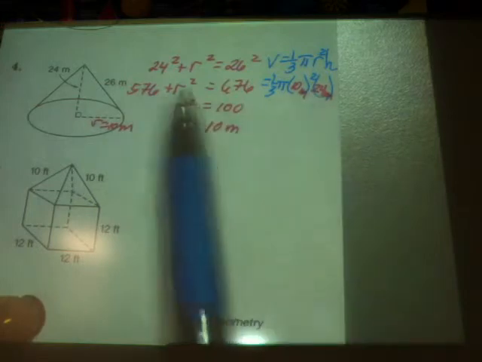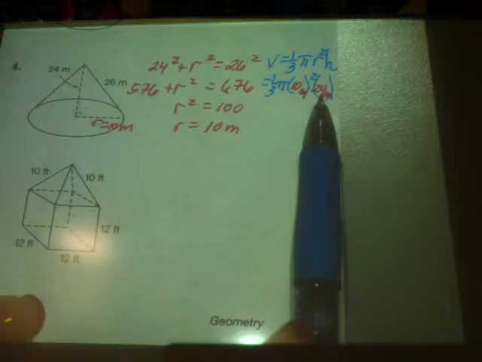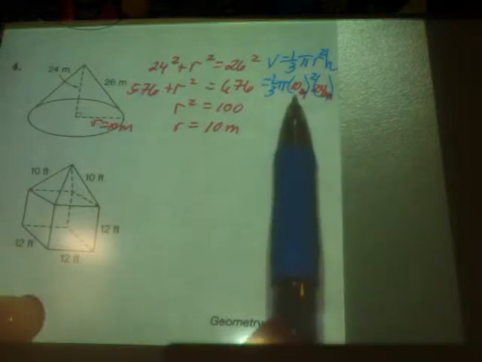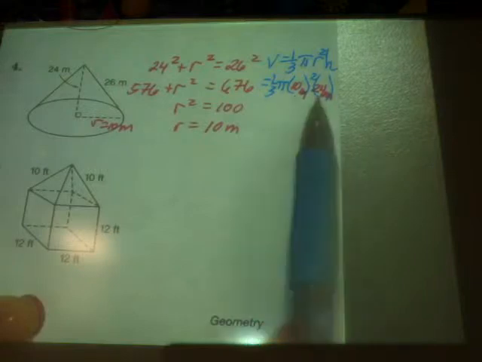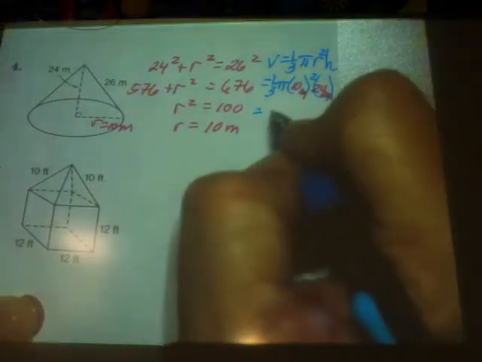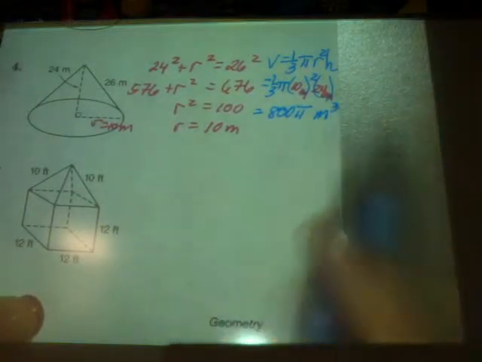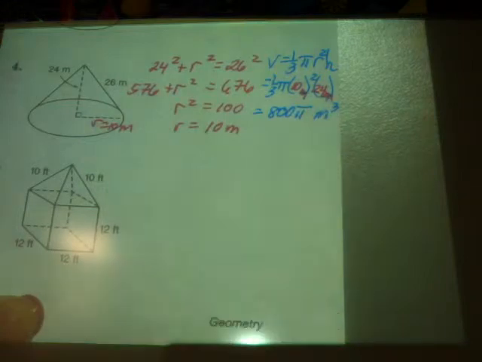Now if you weren't using a calculator, I would take 3 and divide it into 24, and I would get 8. And 10 squared is 100, right? Times 8 would be 800. So your exact volume would be 800 pi, and then it would be meters cubed, because you have meters squared here times meters.